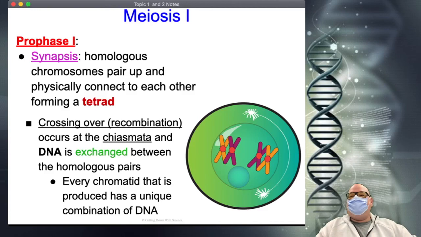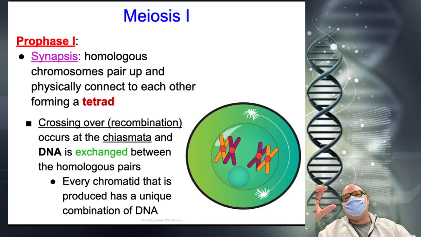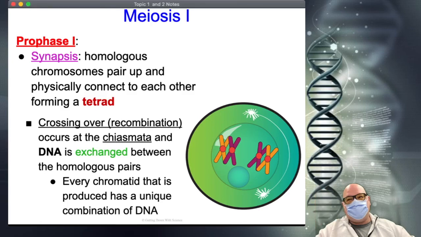So, because we have all this crossing over, each bundle of chromatid that is produced has a unique new combination of DNA. So all four of these are going to now be different, whereas before they were the same.